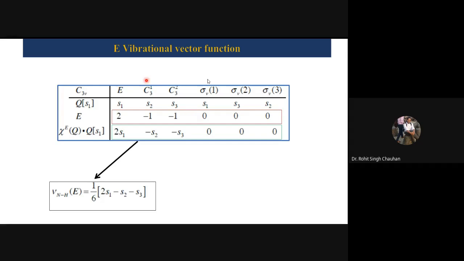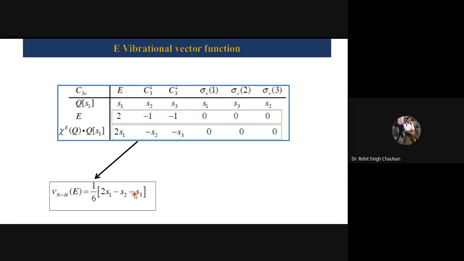Summation of these gives 2S1 minus S2 minus S3. How many symmetry elements? 1, 2, 3, 4, 5, 6. So it is 1 by 6, 2S1 minus S2 minus S3. That is for E, and earlier for A it was 1 by 3, S1 plus S2 plus S3. For E it is 1 by 6, 2S1 minus S2 minus S3.